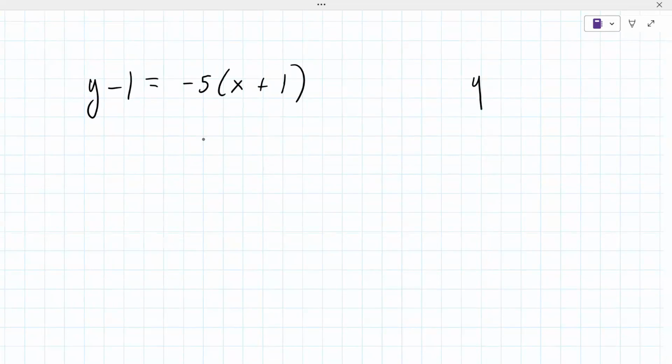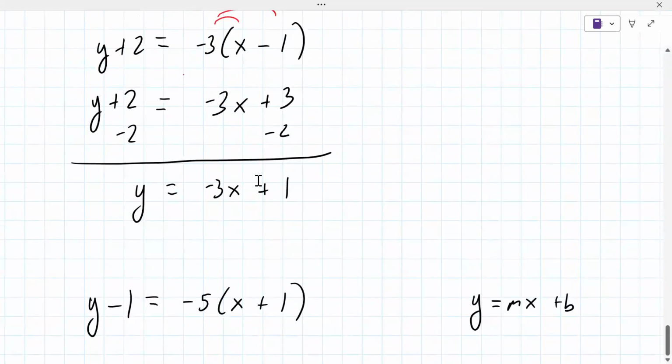I want this in the slope intercept form, y equals mx plus b form, which means you're going to distribute the slope and then move this number to the other side of the equation. Could you scroll up a little? Sure. Thank you.